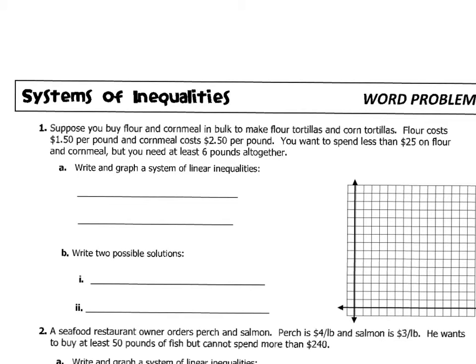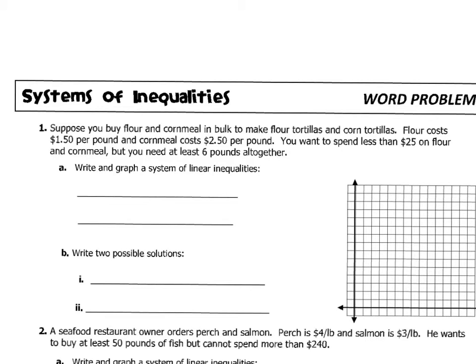You remember with word problems, one of the equations usually dealt with money, the other equation dealt with the number of items, or the number of hours, or a time unit. Same thing here. So we've got cornmeal and we have flour.